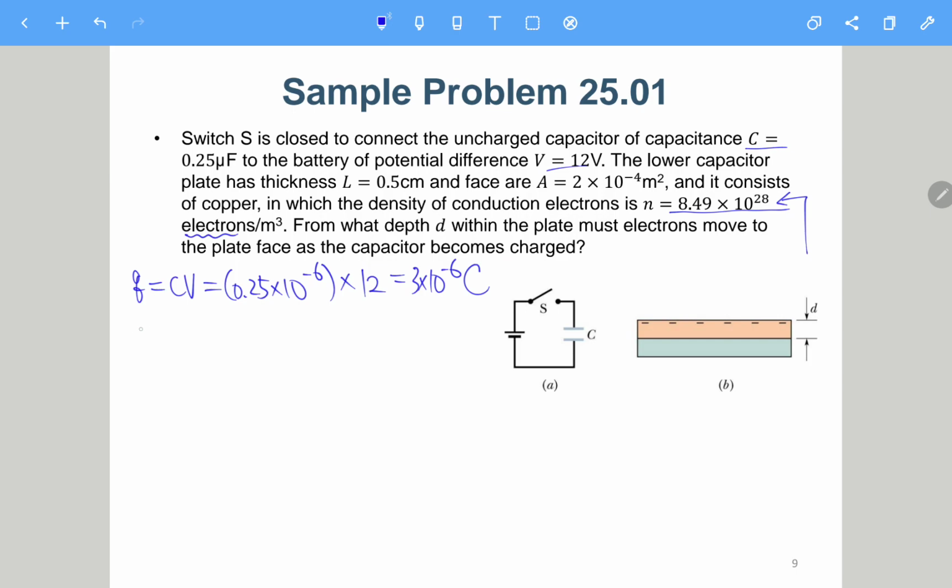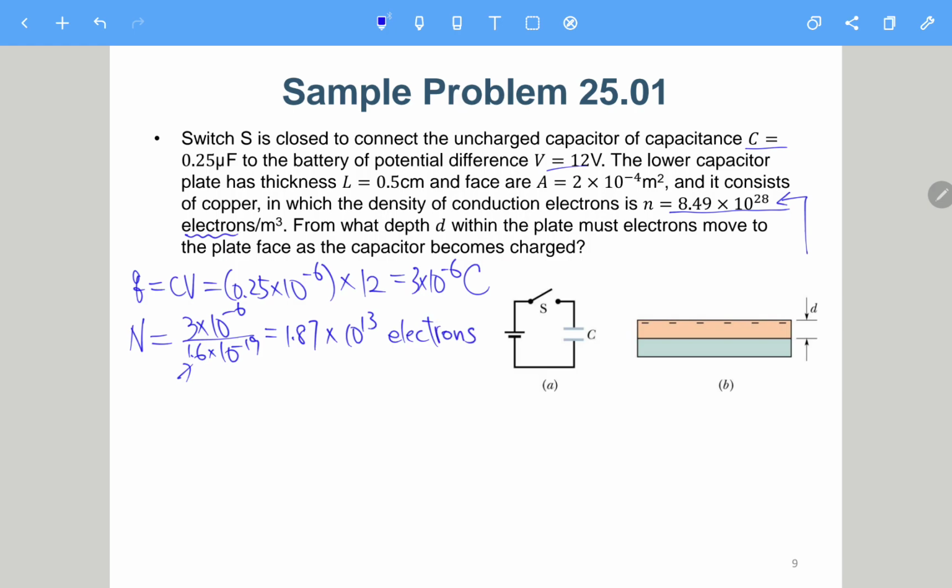So we calculate the number of electrons: 3 times 10 to the negative 6 over 1.6 times 10 to the minus 19. This is the charge amount, and divided by the elementary charge, it becomes the number of electrons. This number is 1.87 times 10 to the 13 electrons.